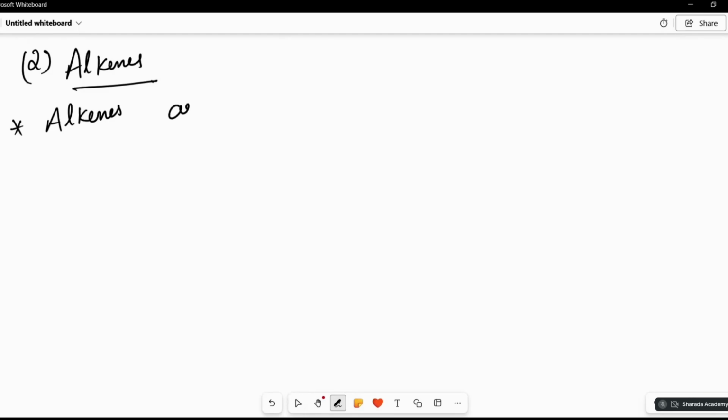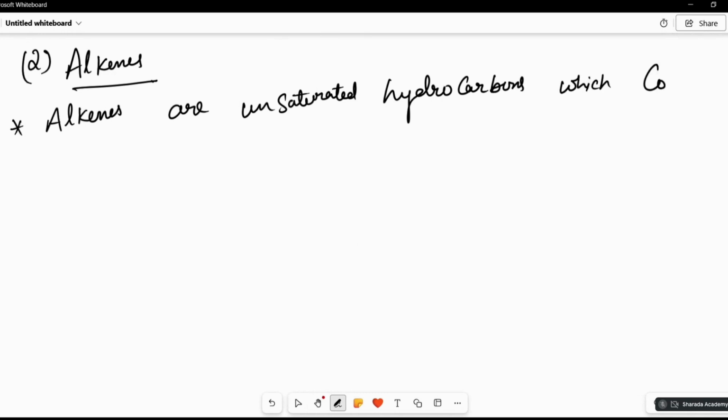Alkenes are unsaturated hydrocarbons which contain at least one double bond. At least one double bond.